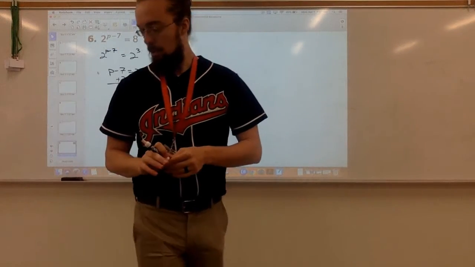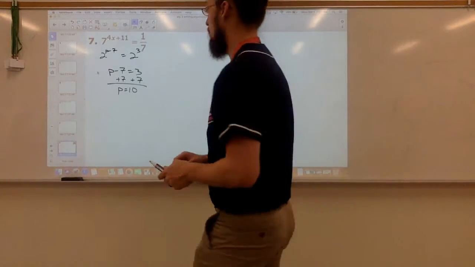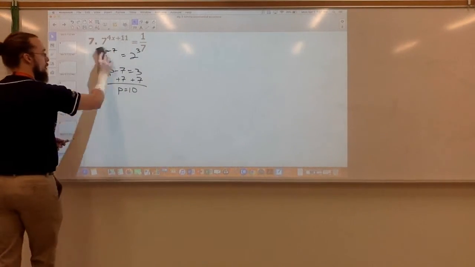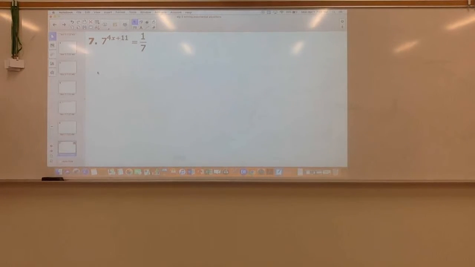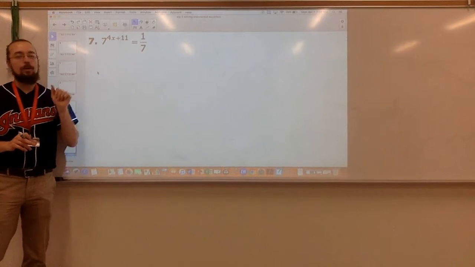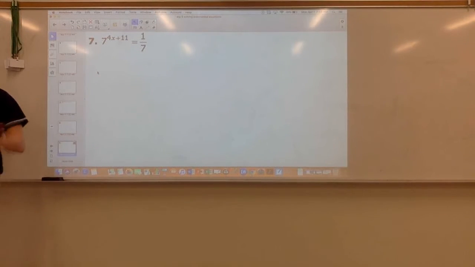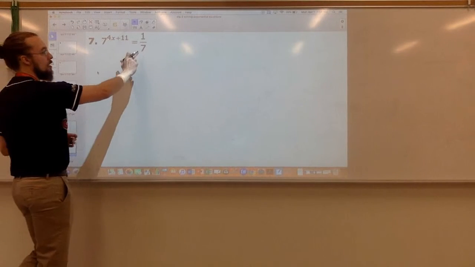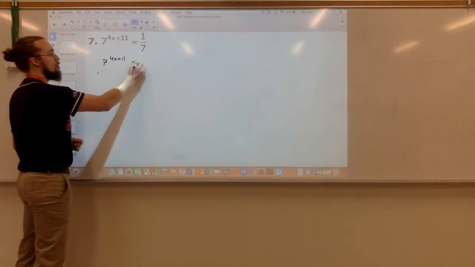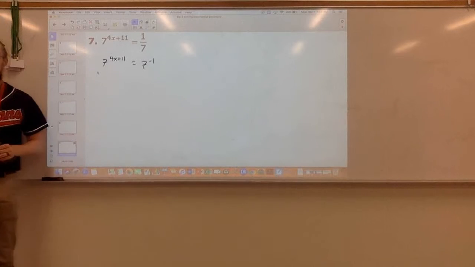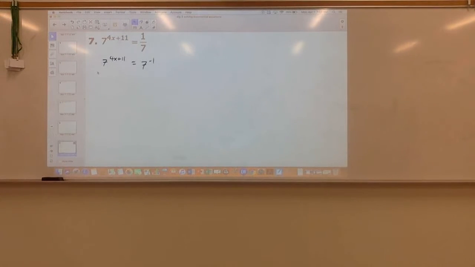All right. Then the next one, let's think about this one here. So again, I want to write both sides with the same base. Ew, fractions, right? So how could I write 1/7 with a base of 7? Exactly. This would be the same as 7 to the negative first power. That's that inverse property that we talked about.